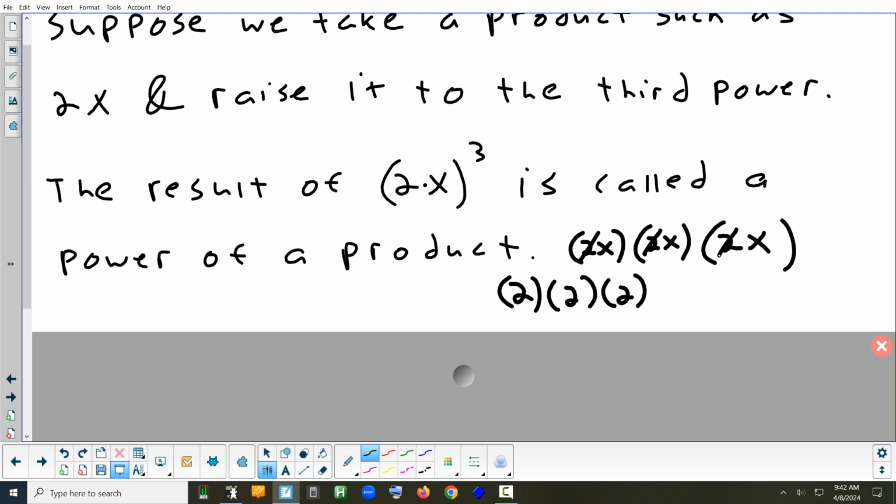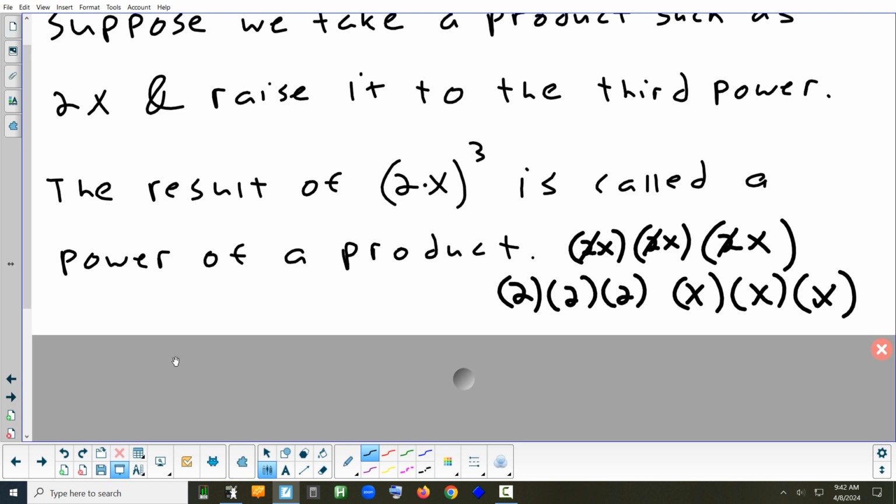All right, now we have an x. Is there anything I can combine that with in the next parenthesis? The x. Yep, the x. And anything I can combine that with in the third set of parentheses? The x again. So now, look at what you have here. 2 times 2 times 2.